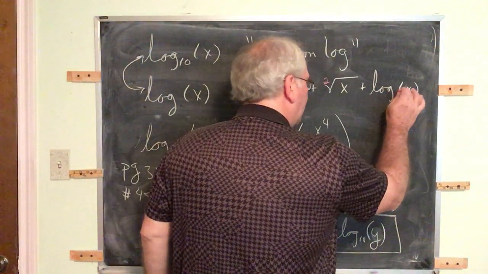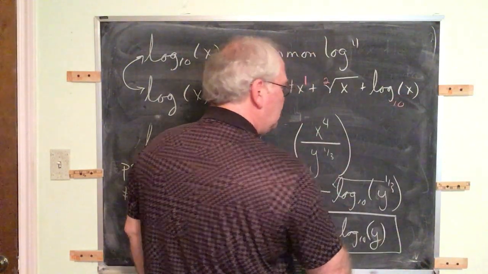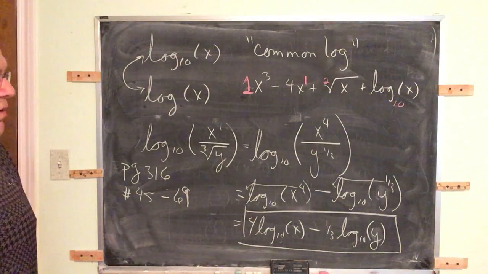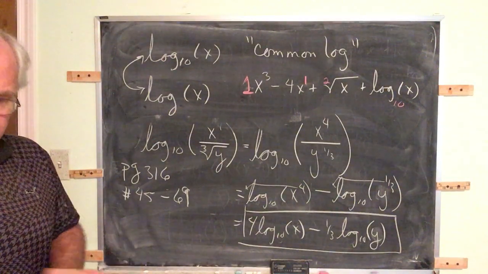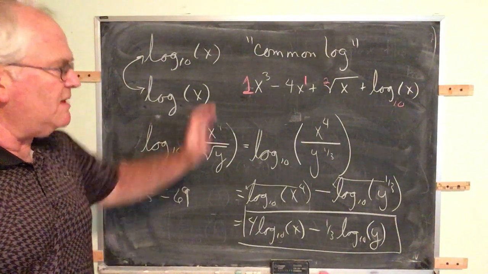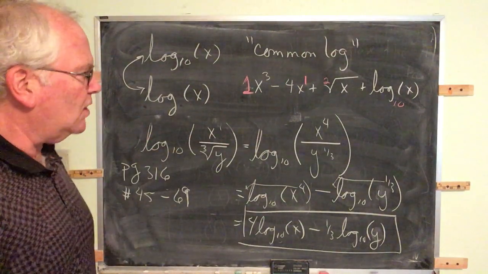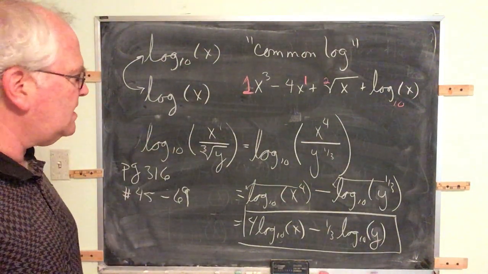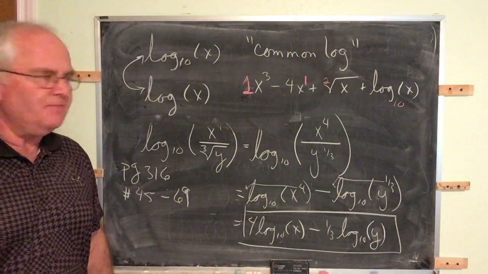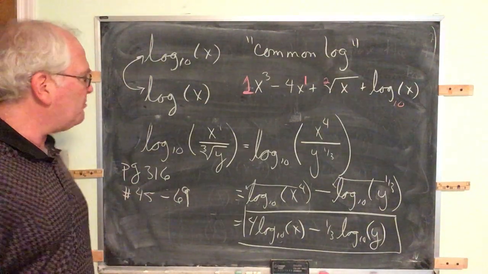Similarly, if there is no base written, that is assumed to be log base 10 unless you are explicitly told otherwise. In some standardized exams for graduate school and some other things, you're explicitly told otherwise. But generally, unless you're explicitly told otherwise, the logarithm without a base is log base 10. On your calculator, if you see log, that is log base 10, and that's what that computation represents.